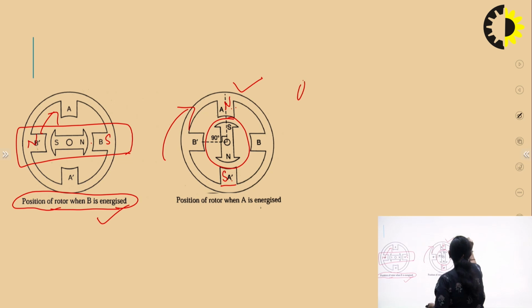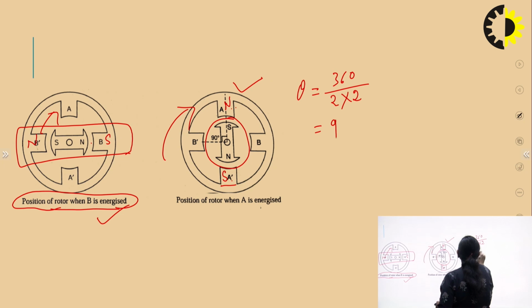You can very well calculate it. Step angle is 360 divided by the number of stator phases, 2, multiplied by the number of rotor poles, 2. So it comes out to be equal to what? 90 degrees. So what we have over here is a 90 degree step angle, right?